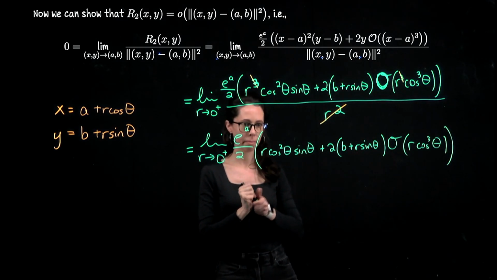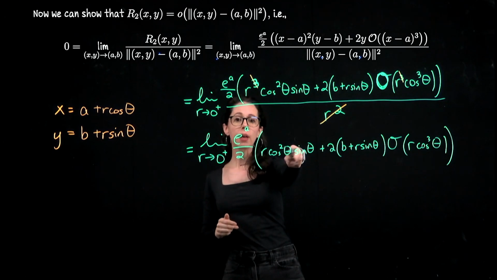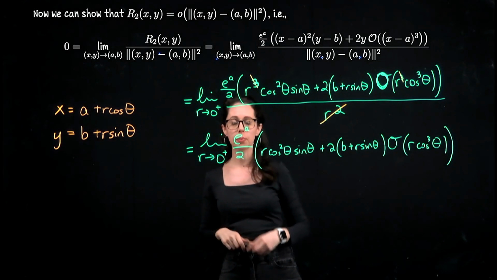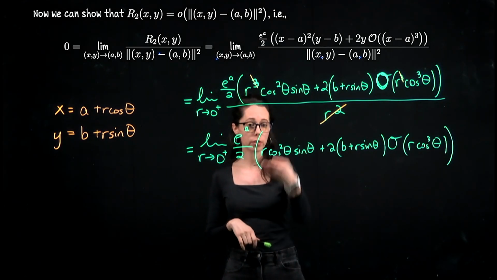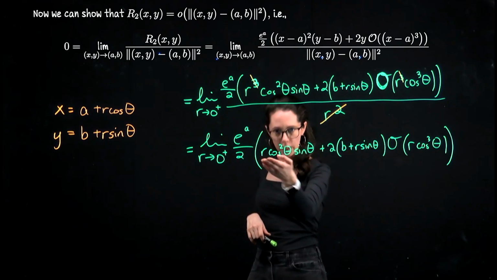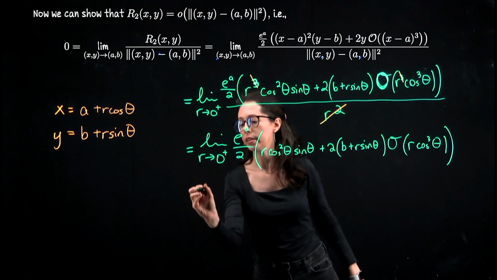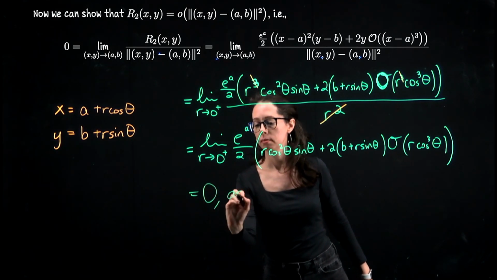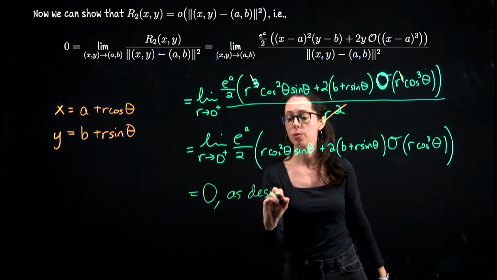Okay. These trig terms are bounded, right? So each one is bounded between -1 and 1. So cosine squared between 0 and 1. This goes to b. This vanishes. So overall, this is 0. And that's what we wanted to see.